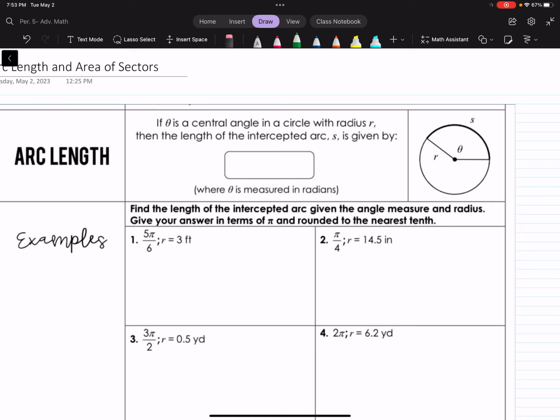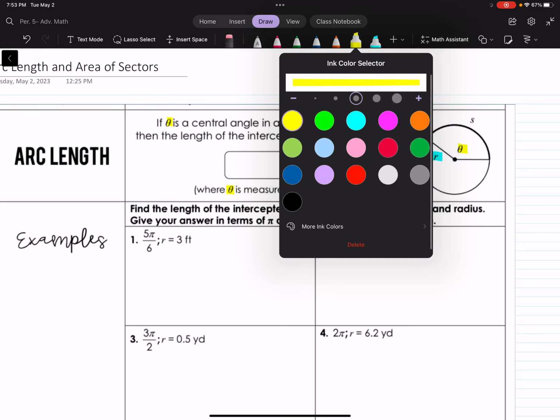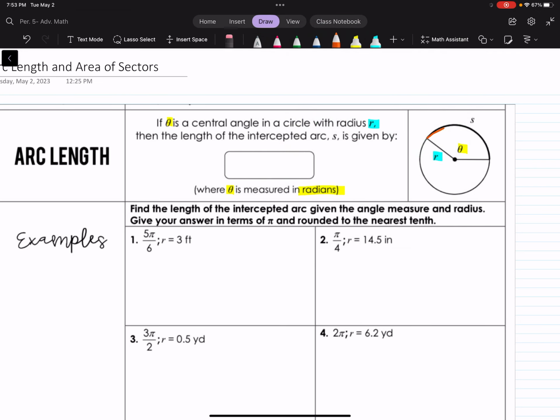One more time, if theta is a central angle, where you make sure theta is in radians, inside of a circle with a radius of r, then the length of the intercepted arc, this length right here, which we call S, is given by this formula: S is equal to the radius times theta.